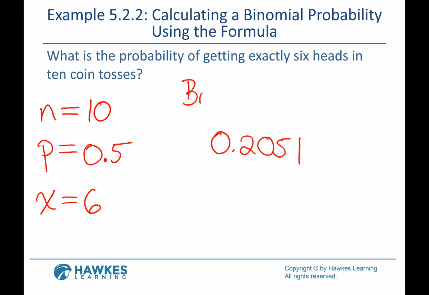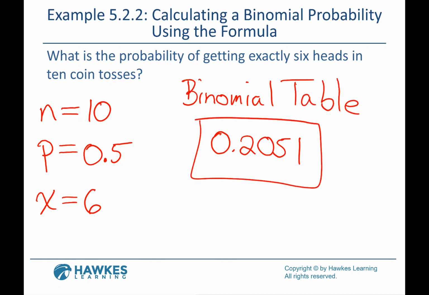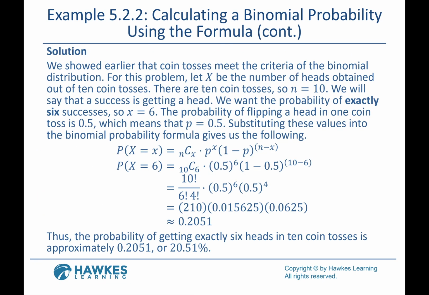So that's from the binomial table. Again, if you want to use the formula, you'll get the same thing. Do it either way. With the formula, you have a lot more decimal places and you just have to round to four places.